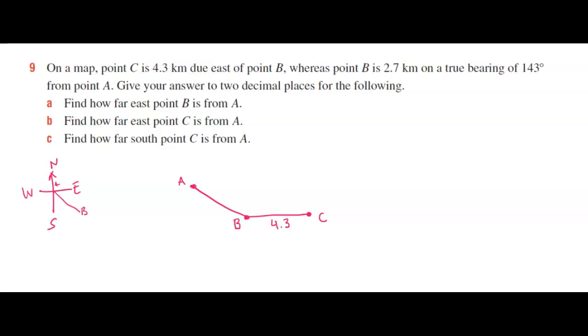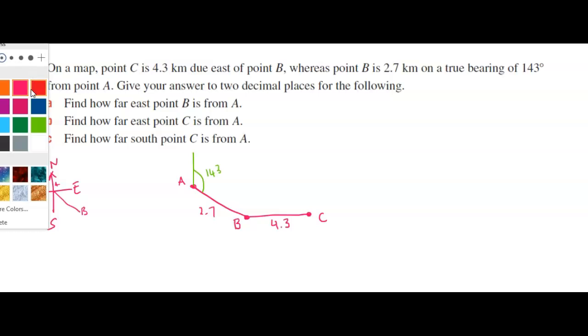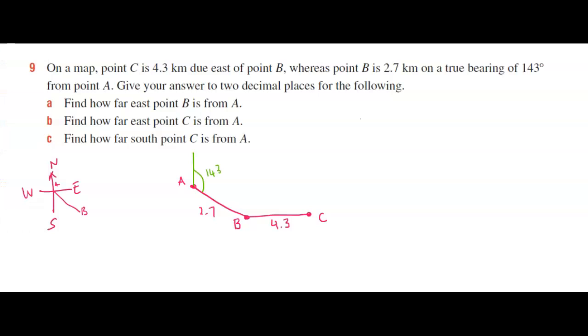And let's just put in some more information. So this angle here is 143. And did I give a distance here? 2.7. All right, so let's choose another color. Blue. Okay, so how far east point B is from point A?